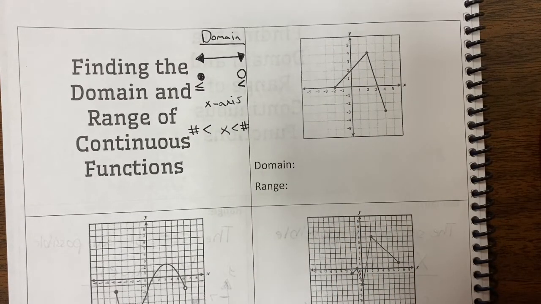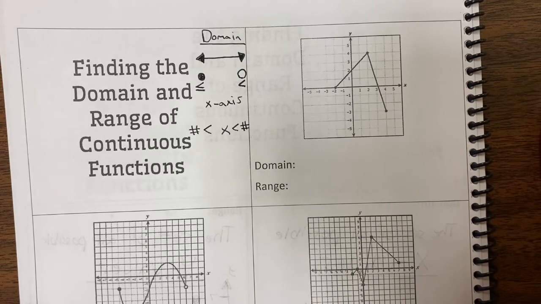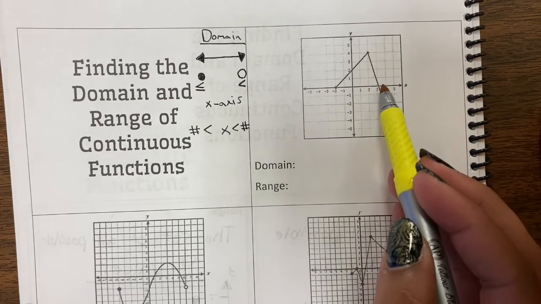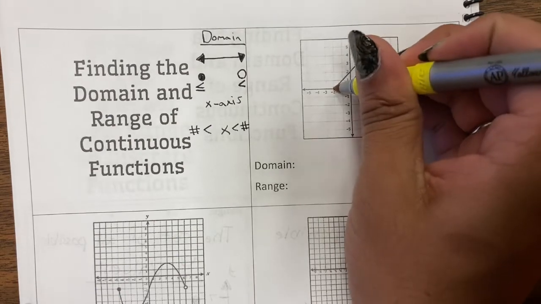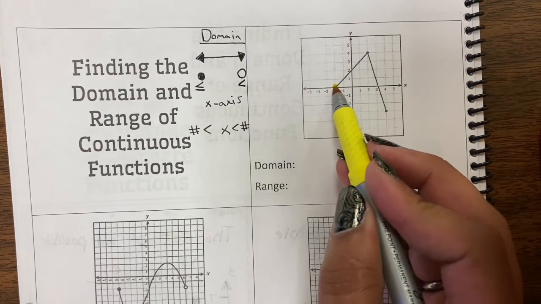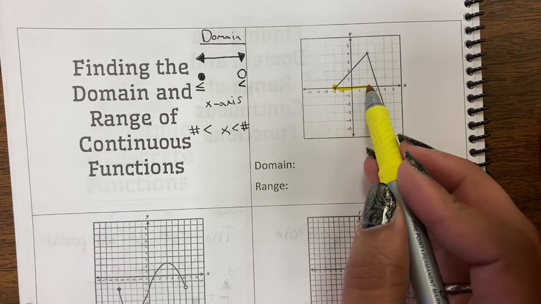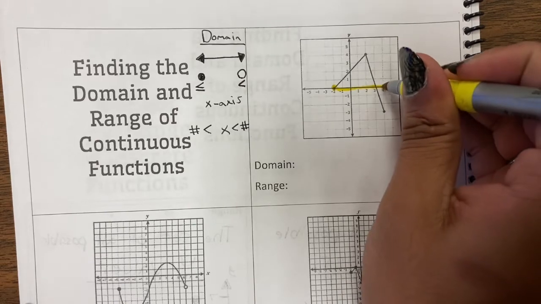So in this first example, I'm going to look at this graph to see how far left does it go and how far right. So what's the furthest point left that it goes? It stops right here. And how far right does it go? It stops right here.